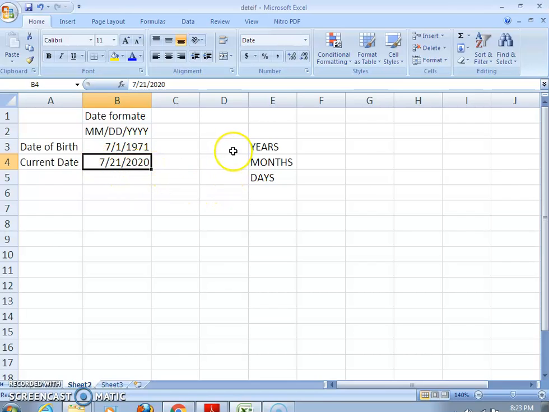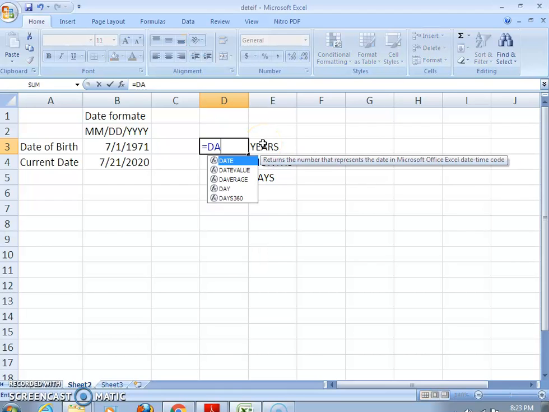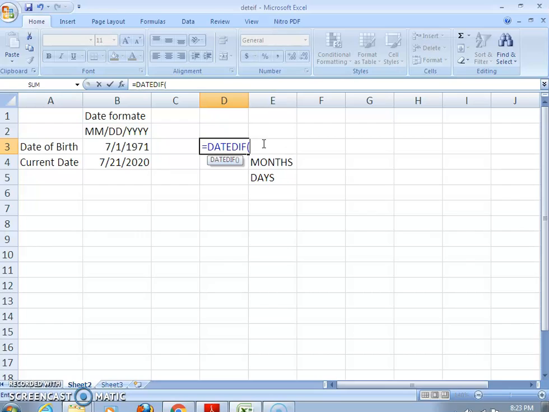How can he calculate the number of years? See the function: DATEDIF, the date of birth B3, then the current date B4, and then the parameter y used to count the complete years. See the results: 49 years.